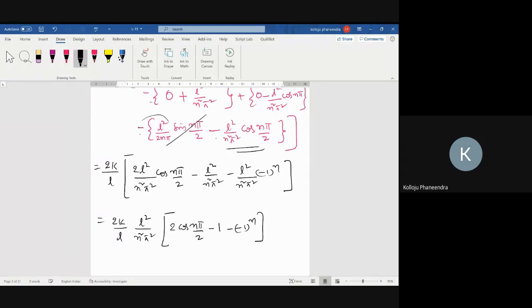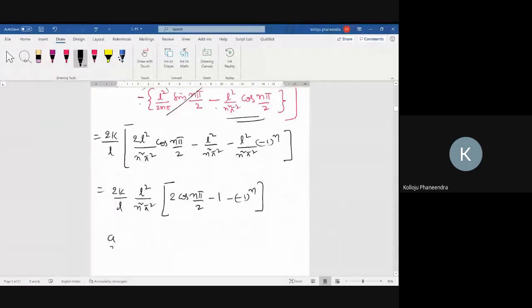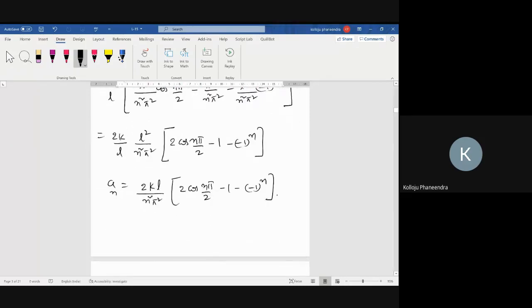Therefore, a n becomes, L L gets cancelled, 2k L by n square pi square, and I can write this as 2 cos n pi by 2 minus 1 whole power n. This is for all n.